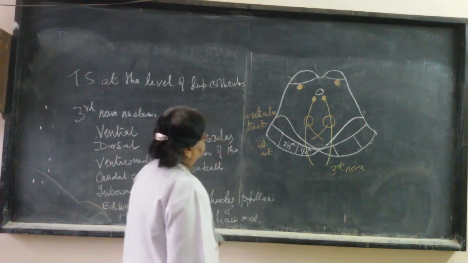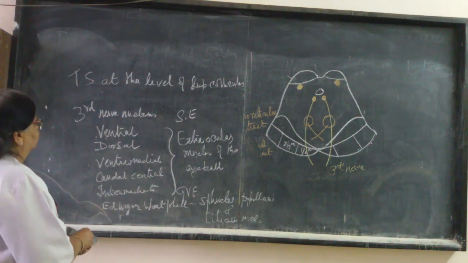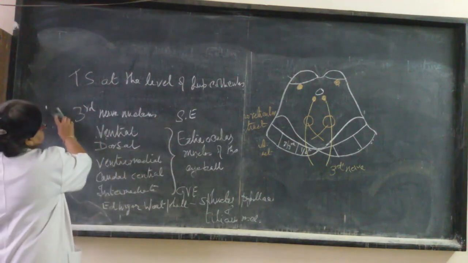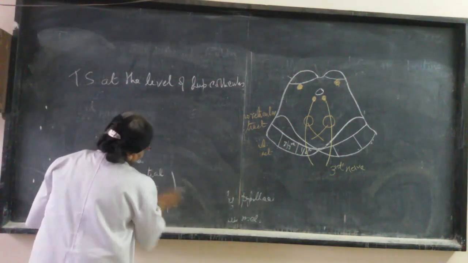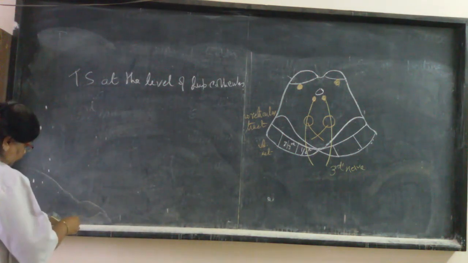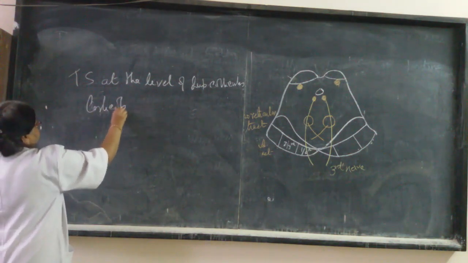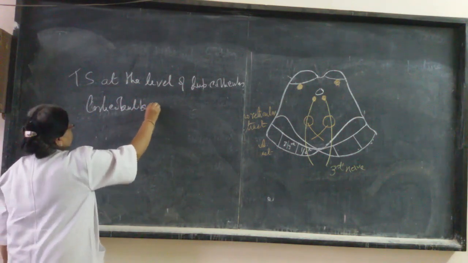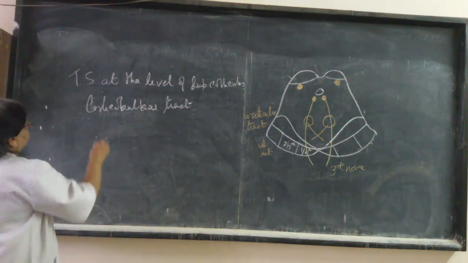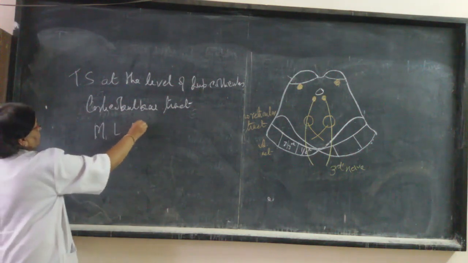The third nerve nucleus receives fibers from the cerebral cortex as the corticobulbar tract, which is connected to the medial longitudinal fasciculus.